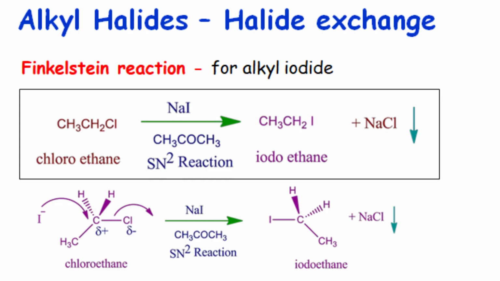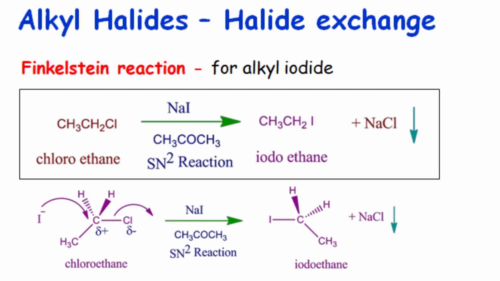The first one is going to be your Finkelstein reaction for synthesis of alkyl iodide. Now here you can take your chloroalkane and convert it into the corresponding iodoalkane. You can also use bromoalkane here. Chloro works much better. Now when you use the corresponding iodinating agent NaI, you change chlorine for iodine. But why does this reaction go forward? Right below the arrow you have your acetone.